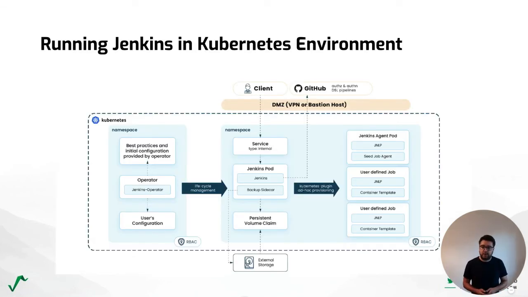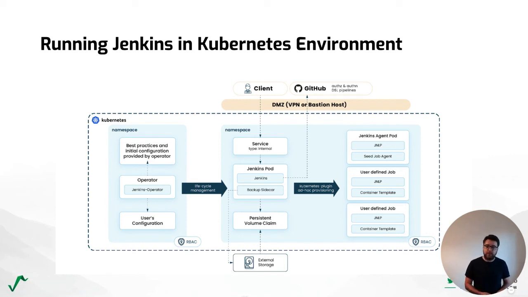And that's the final snapshot of everything what we discussed today. That's the picture of Jenkins in Kubernetes environment. On the left-hand side, we have a namespace with operator, which provides best practices and initial configuration. So by default, we provide sensible defaults.